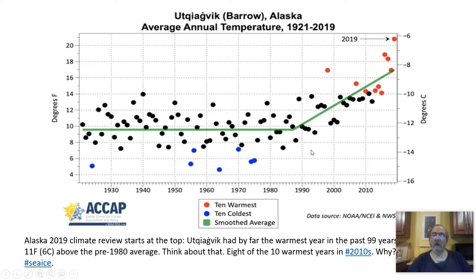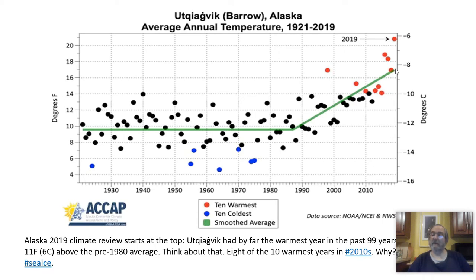But now look what happens starting in 1988. And the green line is the smooth average. You see a marked increase. Things are warming up. It's gone from about 9.5 degrees, and up until about 2018, 2019, it's now at, looks like, 16.5, 17 degrees.